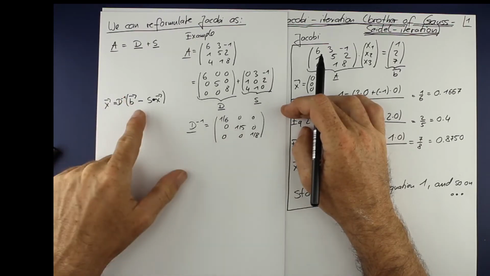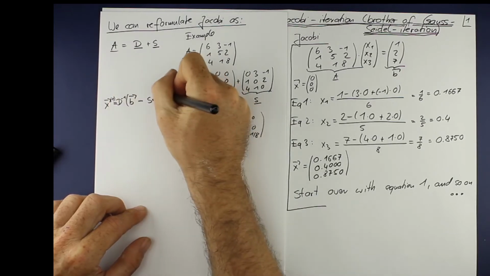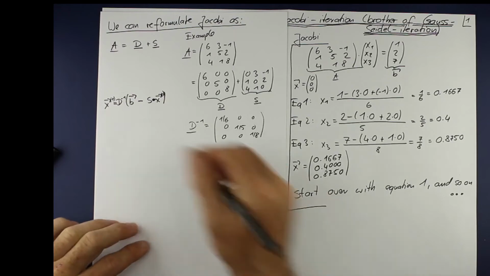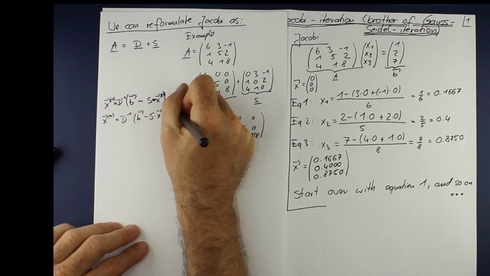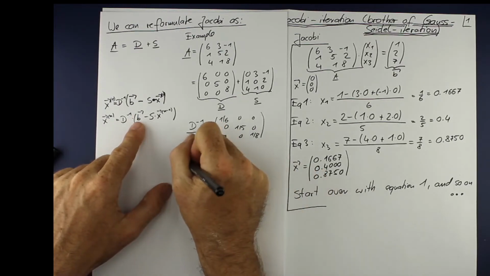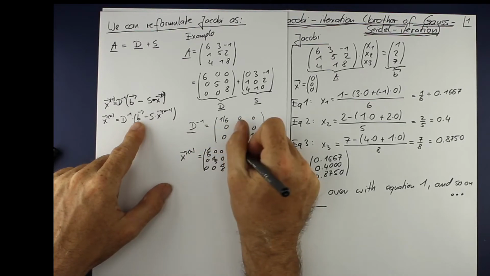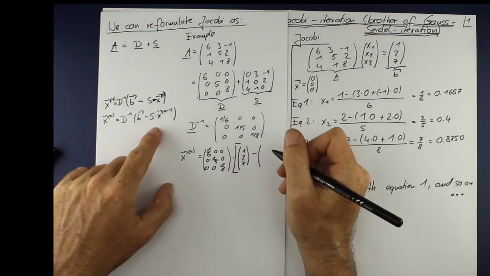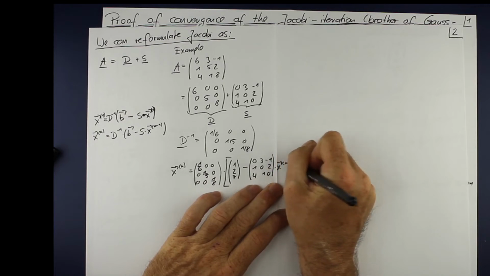So we can reformulate that way, and normally we say, okay, this is x1 and this was x0, so we get the new x vector. Or more generally, in the nth step we have that. So we can write that here in our example. Xn is D inverse times the right hand side minus S times xn minus 1.